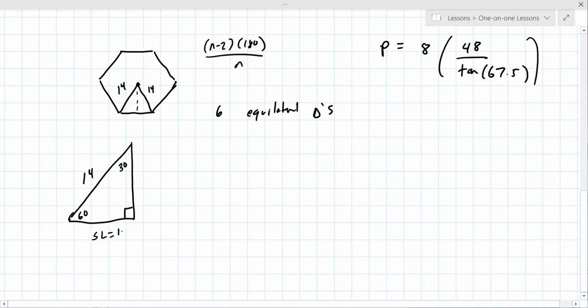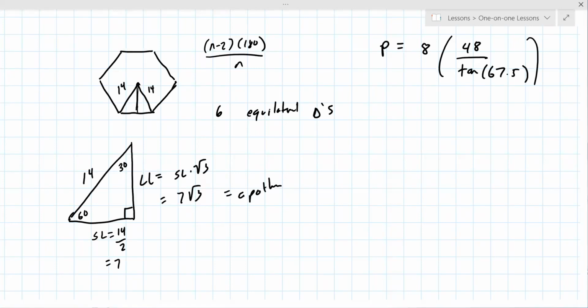The short leg is always half of the hypotenuse, which is 7. The long leg is always the short leg times the square root of 3. So the long leg is 7 times the square root of 3, and that's what the apothem is here. The apothem is 7 square root 3.